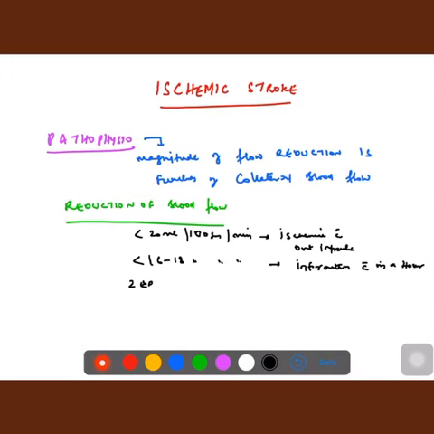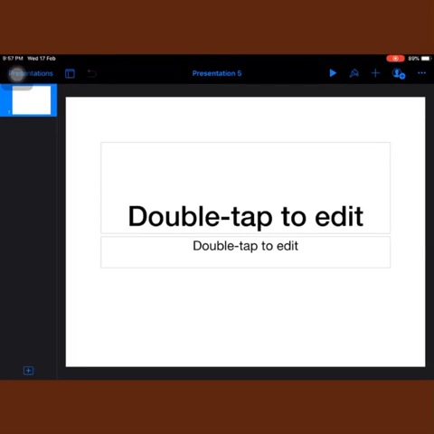If the blood flow becomes zero for 4 to 10 minutes, then the brain tissue will die. So this is the pathophysiology and how much reduction causes how much damage.